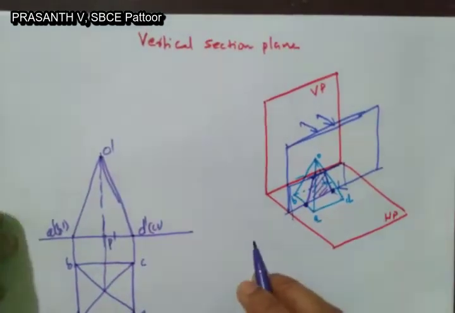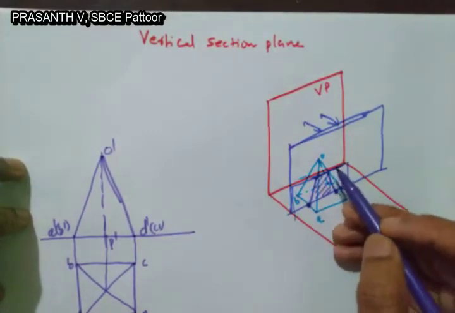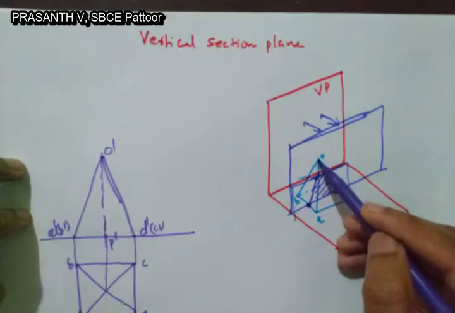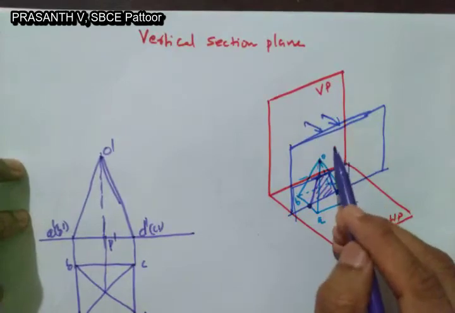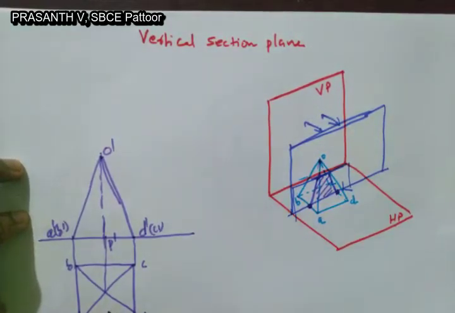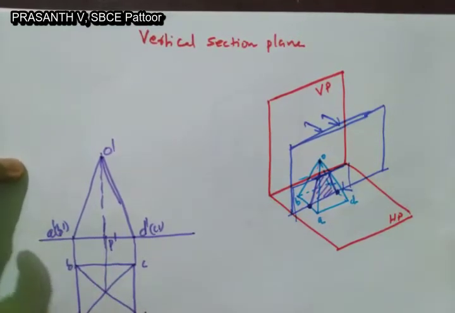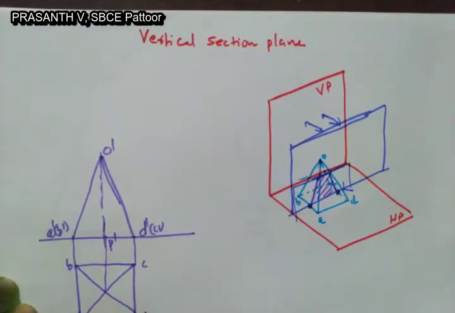Here you see the section plane. Suppose the section plane is placed such that it is in front of the axis. You can see the axis is through this point, and the vertical section plane is placed such that the section plane is in front of the axis. So here I can represent the section plane like this.